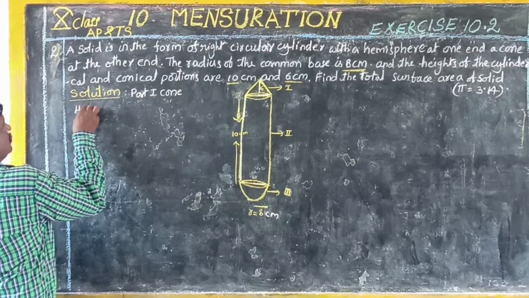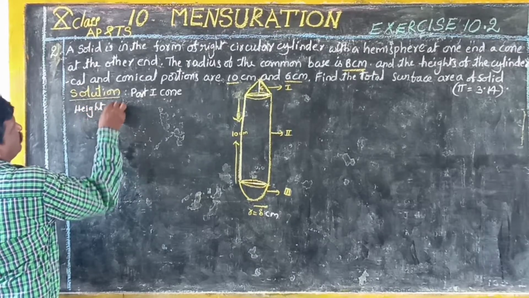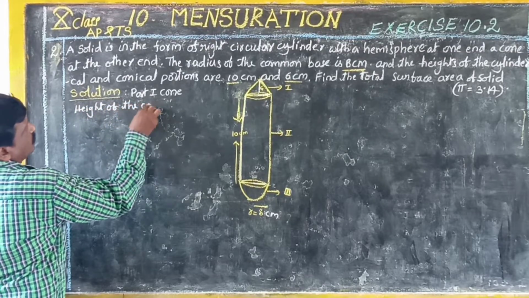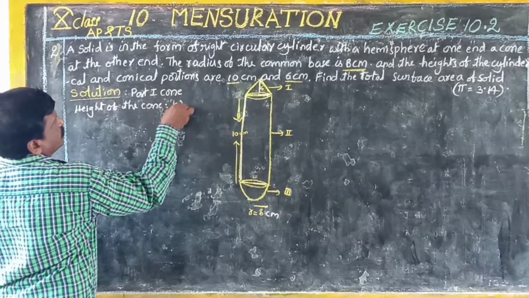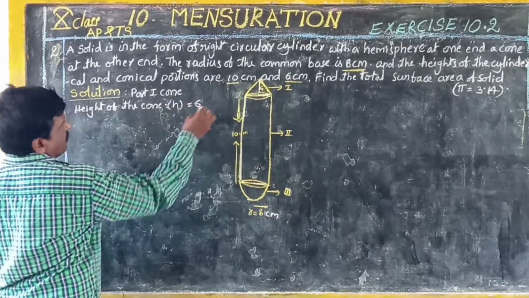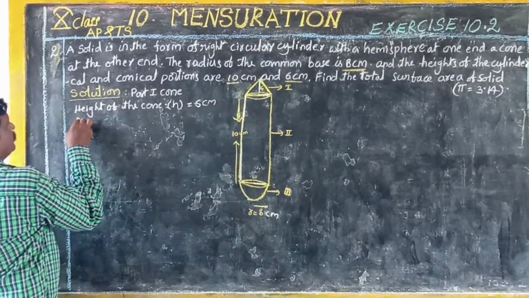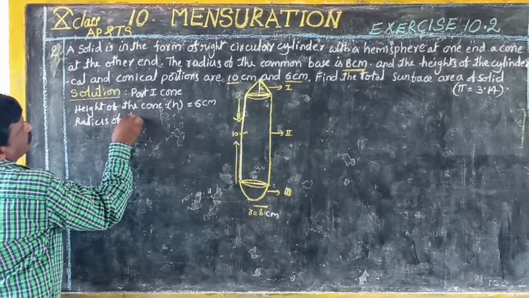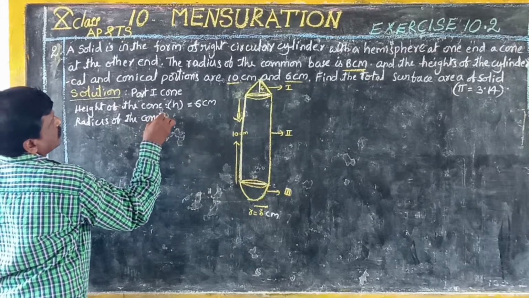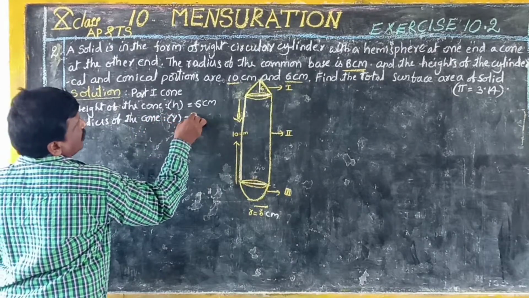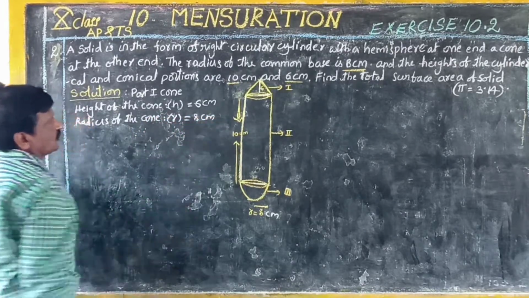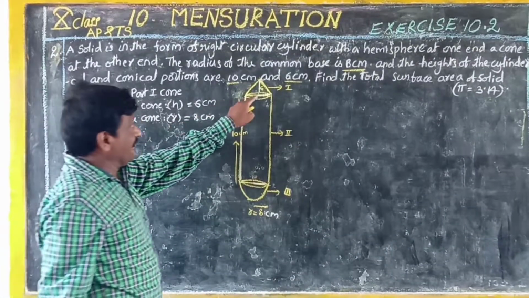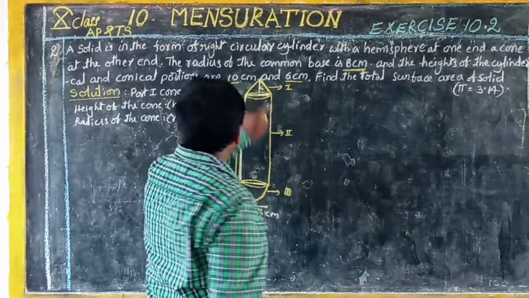Height of the cone is 6 centimeters. Radius of the cone is 8 centimeters. We will find L, the slant height.